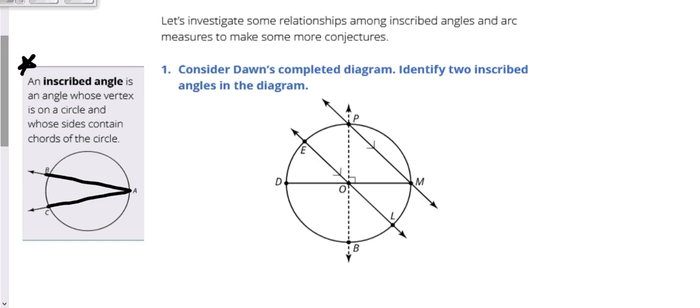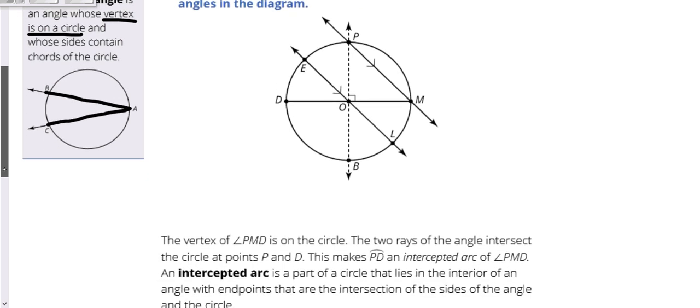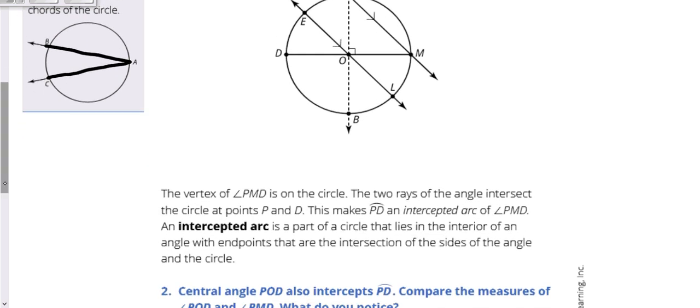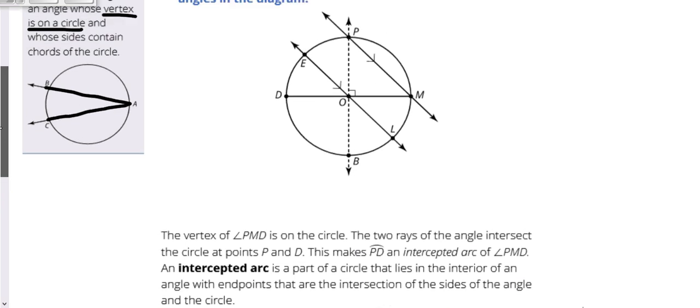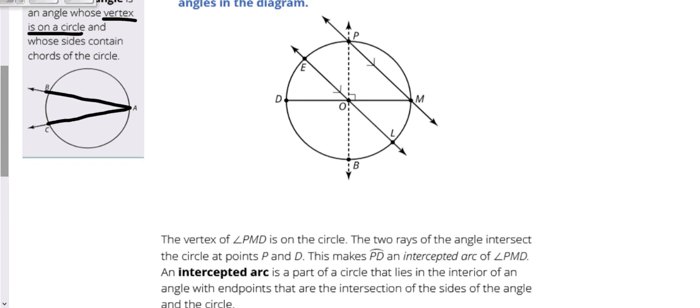So the key thing is that the vertex is on the circle. If I'm looking at this, it tells me that the vertex of PMD, looking at this angle here, PMD, is on a circle.